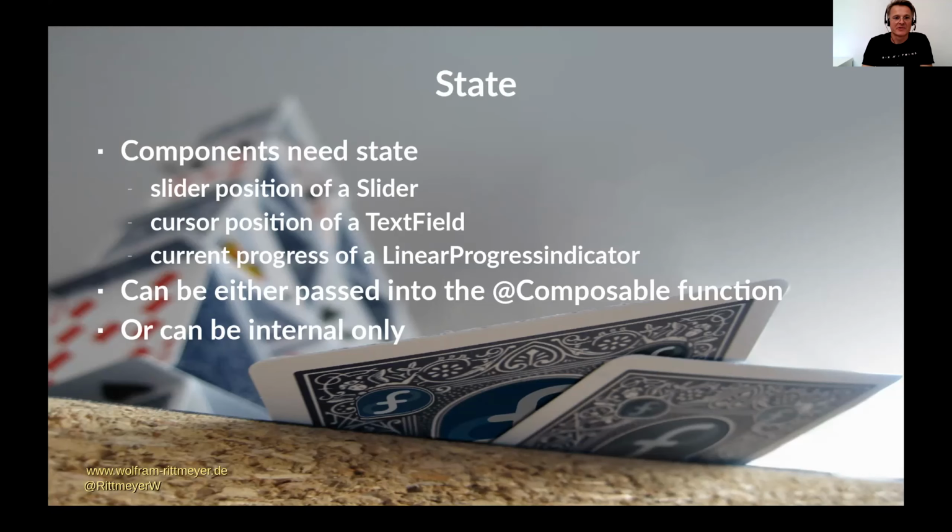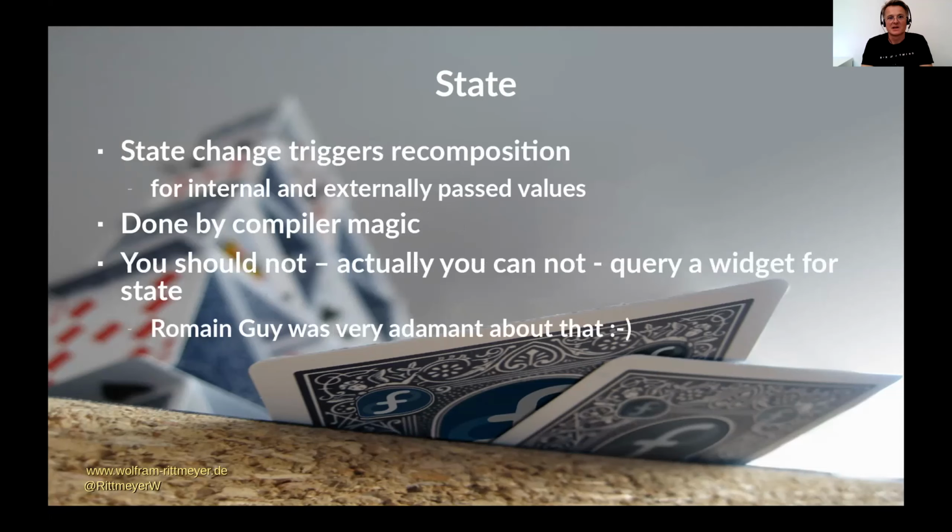And this is something that is really nicely done with Compose, because a state change automatically triggers a recomposition. So if you pass state in from outside, that's more or less obvious. Say the text to display of a text view changes, then it should trigger a recomposition, a redrawing of this component. But it also happens for internal state if you set it up in a certain way. And this is done by some compiler magic.